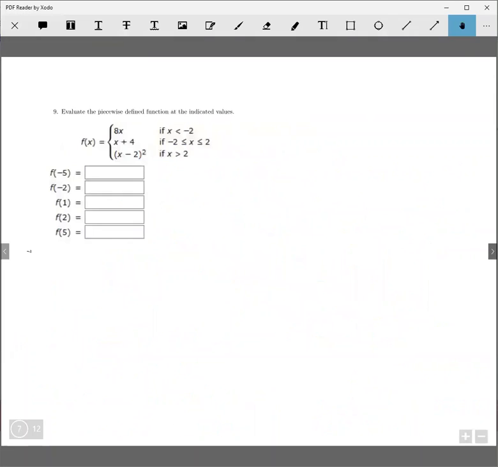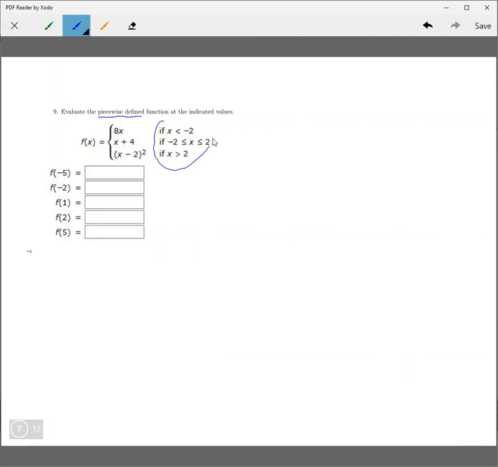Okay, number 9. This is called a piecewise defined function because there are different pieces. There are 3 pieces here, and it's defined in different ways. What you need to do is look at this first to decide what you're going to do.